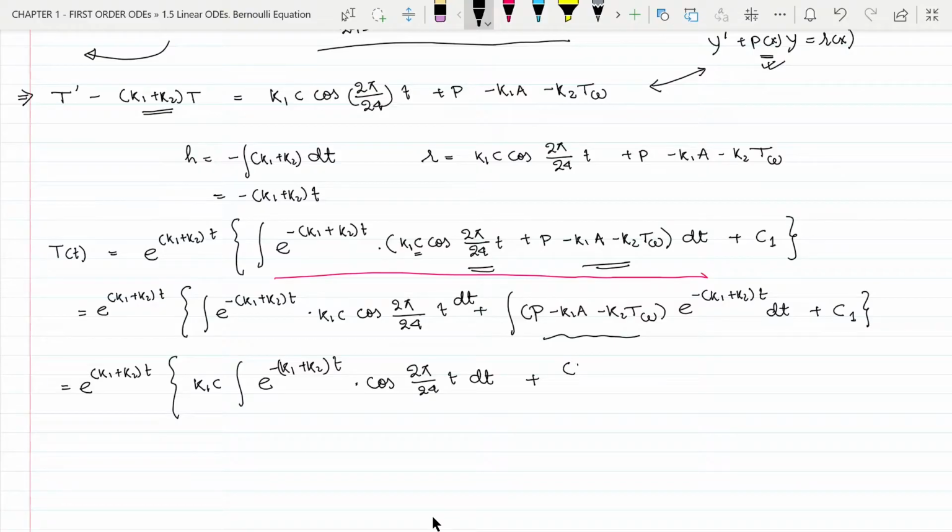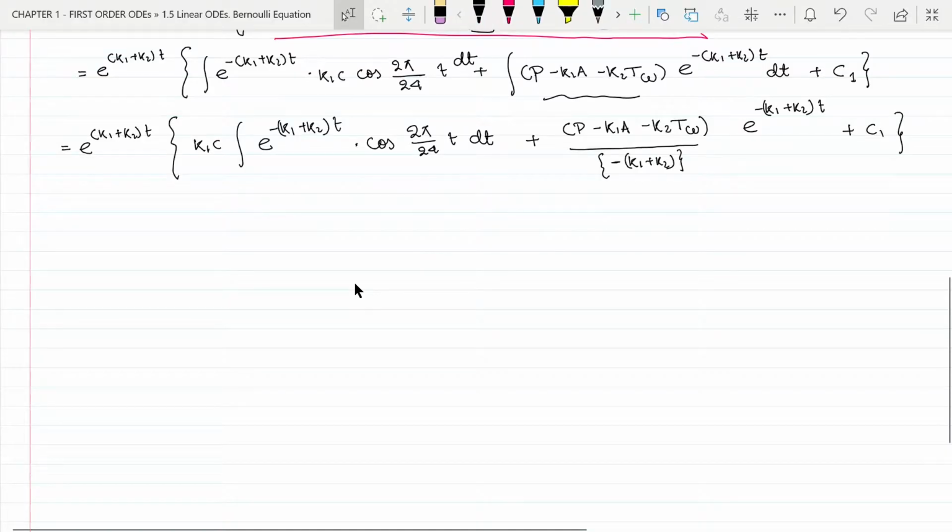So this is P minus K1A minus K2 T omega, and integration of e to the power minus K1 plus K2 t will be e to the power minus K1 plus K2 t divided by minus K1 plus K2, plus constant of integration C1.